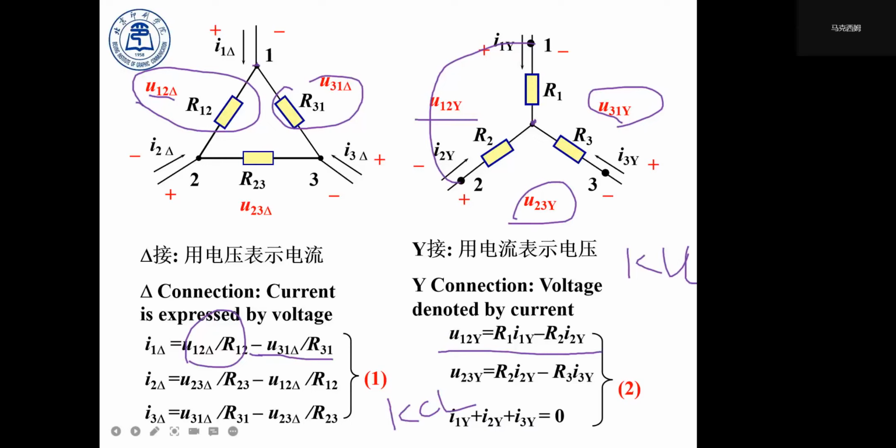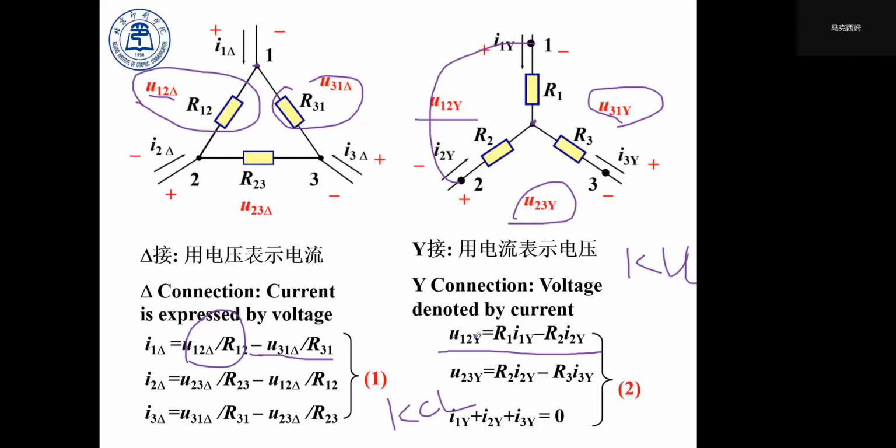So we can compare those 2 sets of equations and calculate their relationship, since we assume that I1 delta equals I1Y, while U12Y equals U12 delta. If we replace the voltage U12Y with U12 delta, theoretically the outcome will not change.